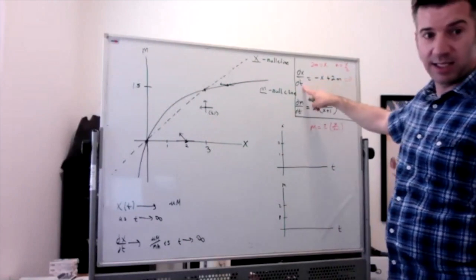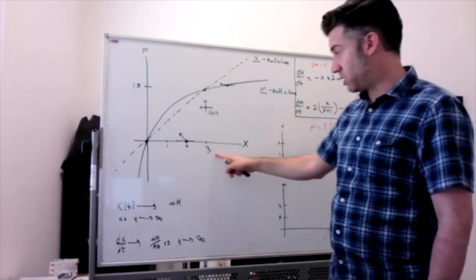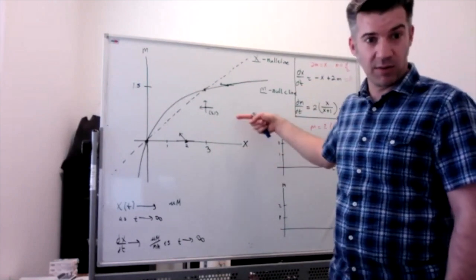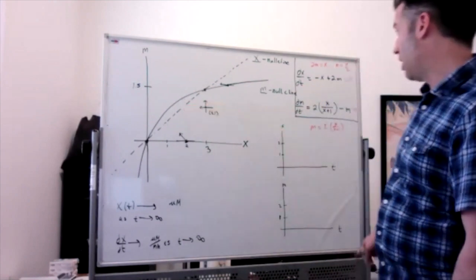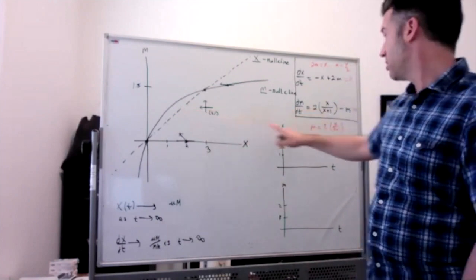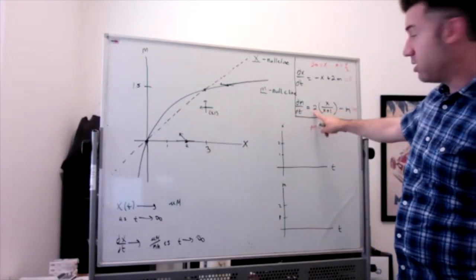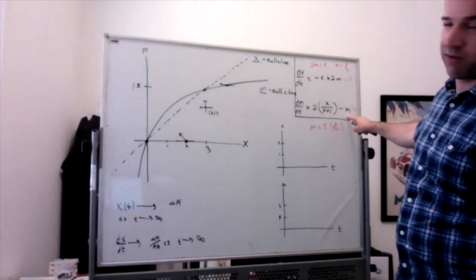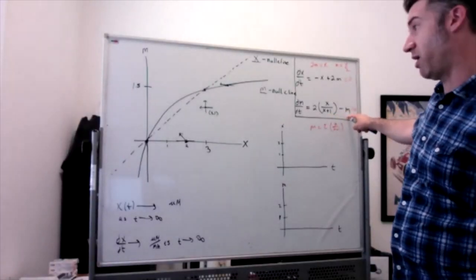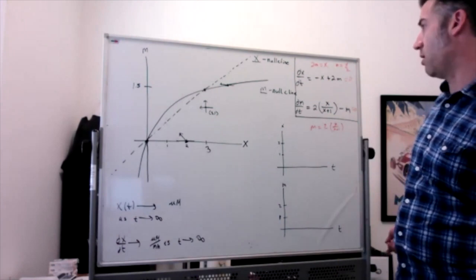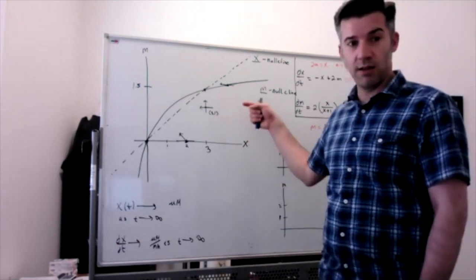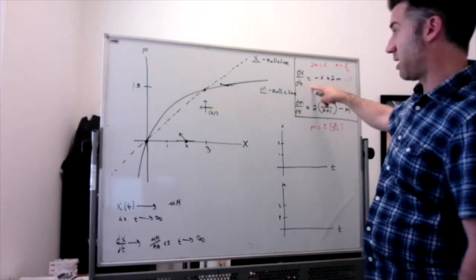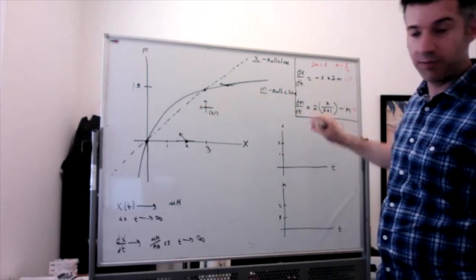So dx/dt, the change in X, is going to be negative, meaning we point to the left. Then if you plug in 3 and 1 for X and M, you get 2 times 3 over 4, minus 1. 2 times 3/4 is 1.5, minus 1 is 0.5. So we're definitely going up and left: left because this was negative, up because this was positive.